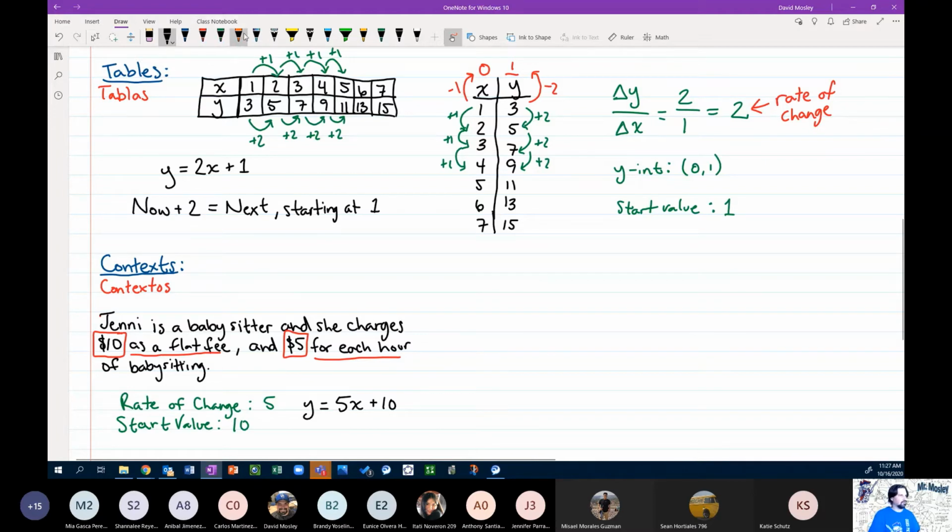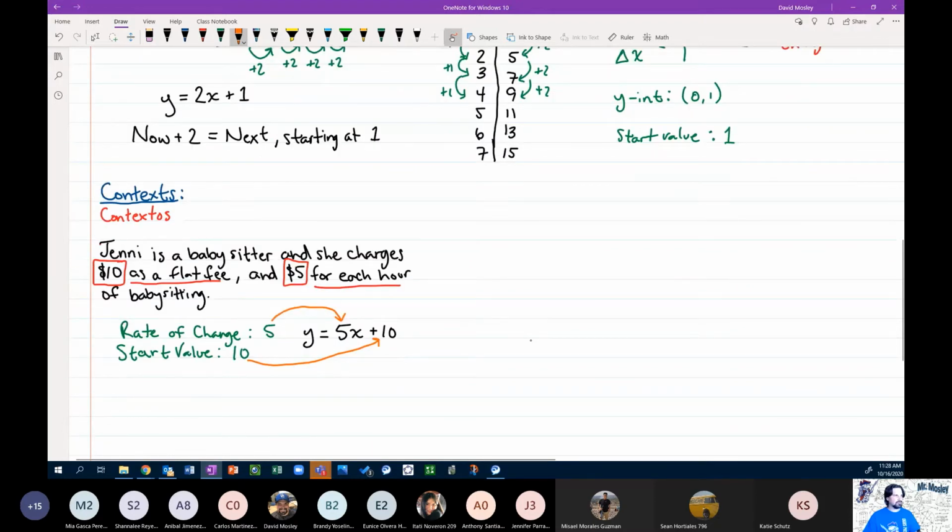Okay, we have the rate of change goes here. The start value is here. Okay. A little more room for the next one.